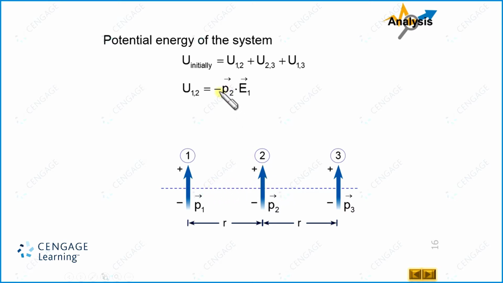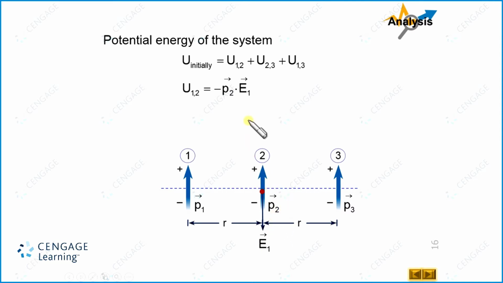E1 is the electric field associated with dipole number 1. We can observe the center of dipole number 2 is at the equatorial position of dipole number 1. That means the electric field because of this dipole should be in the downward direction. So let us assign this vector as E1 vector.